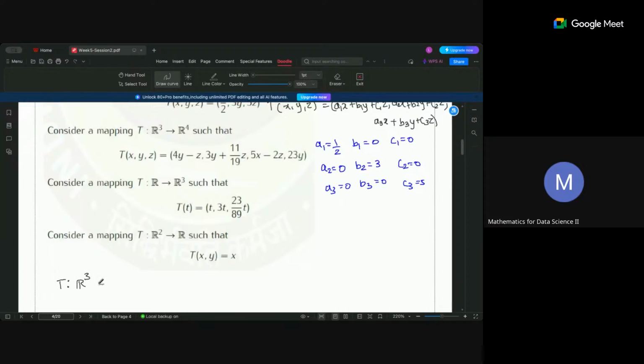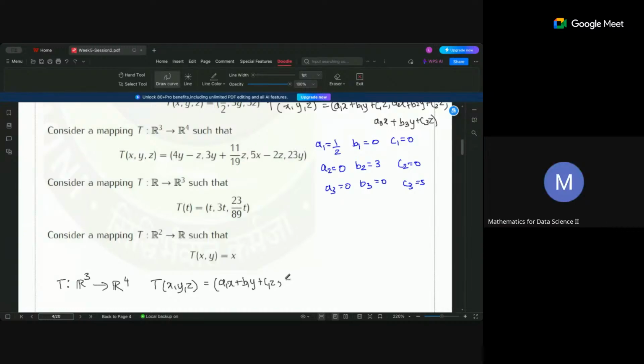Same way, tell me what is the general format for T from R3 to R4. T of x comma y comma z is equal to A1x plus B1y plus C1z. You have only three variables, so no more plus there, just a comma.